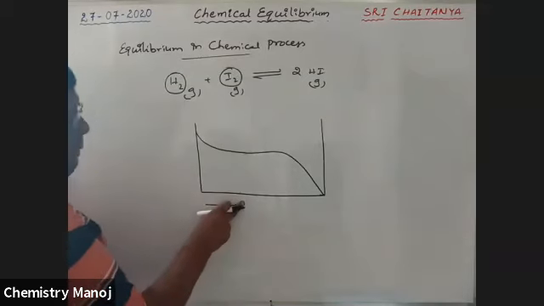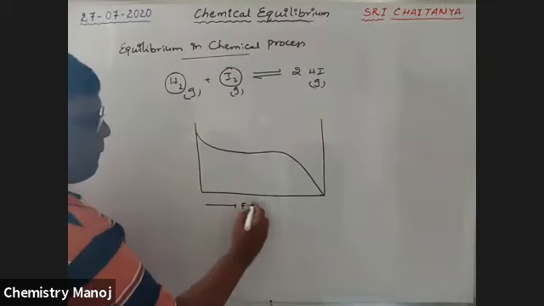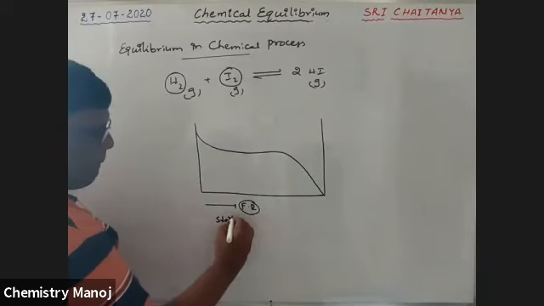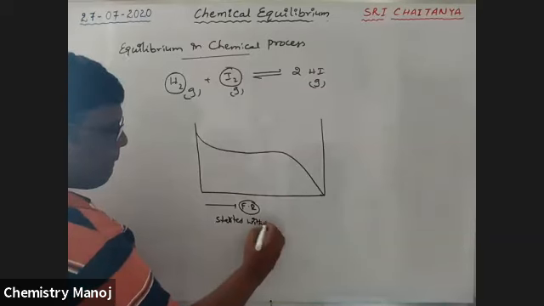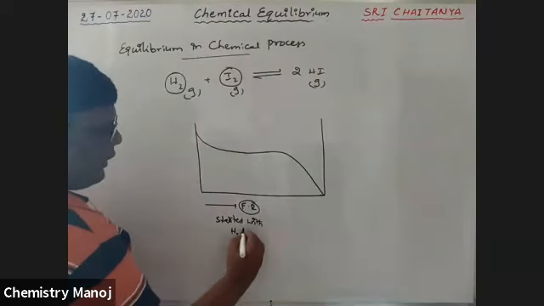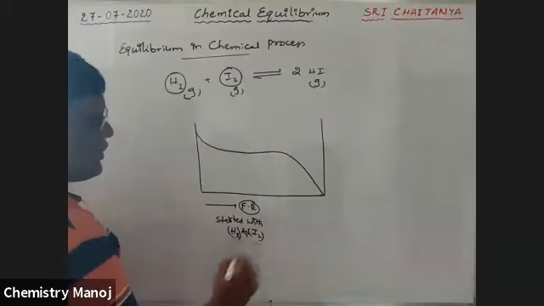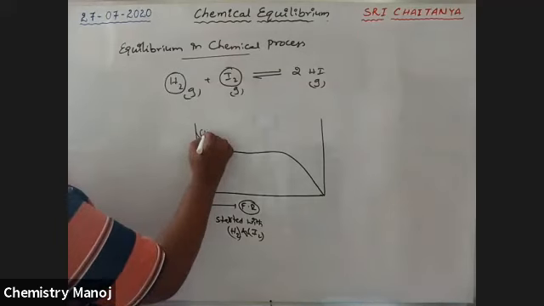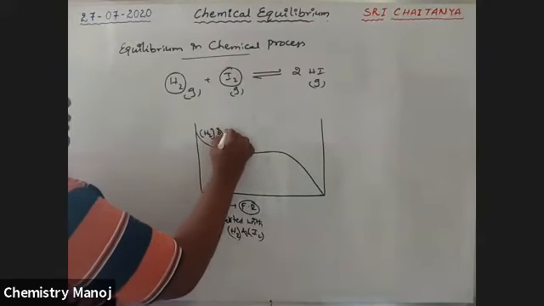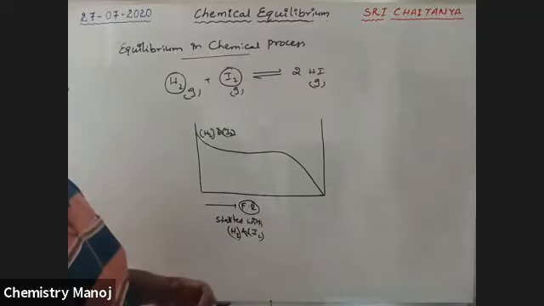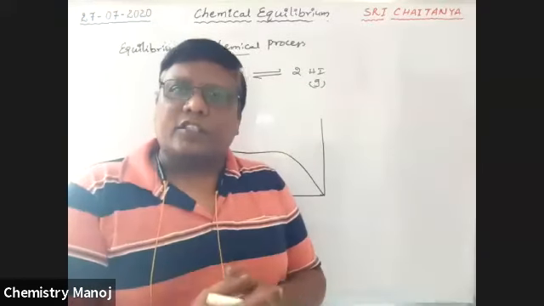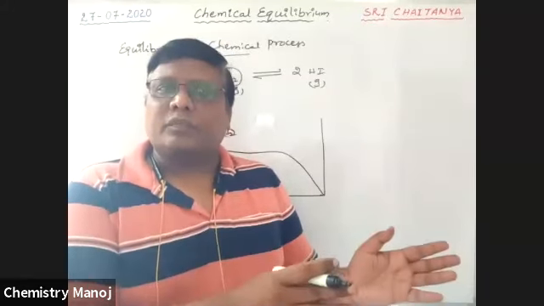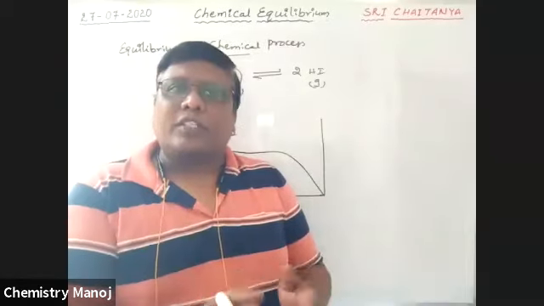My reaction started with H2 and I2. These are the concentrations of H2 and I2. An equilibrium reaction may be approached from either direction, with either the reactants or the products.